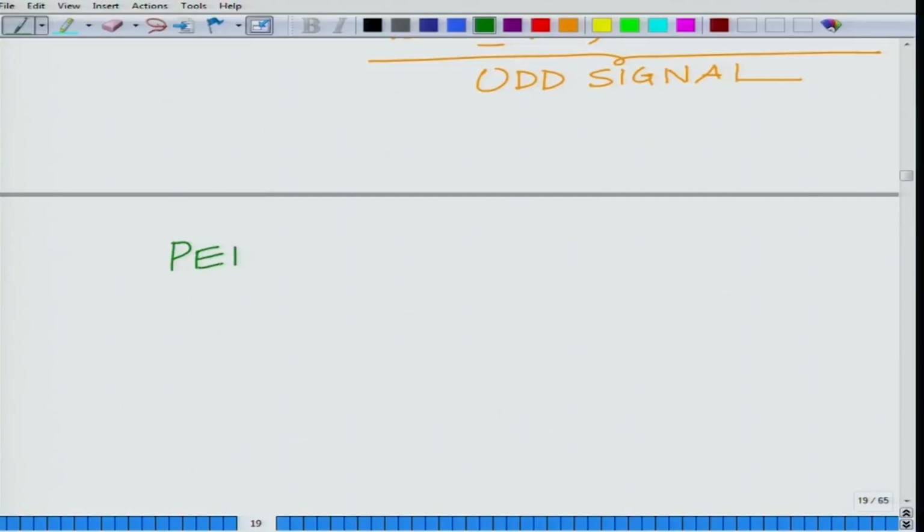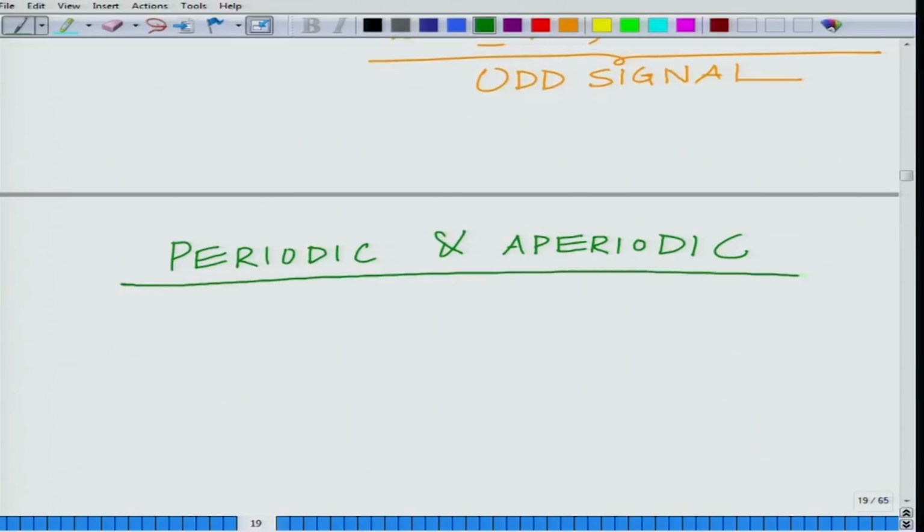So, we have periodic versus aperiodic signals. Periodic and aperiodic signal, if T is the period, okay.